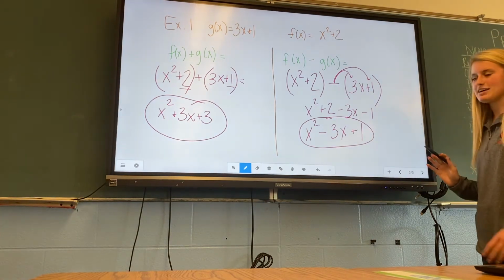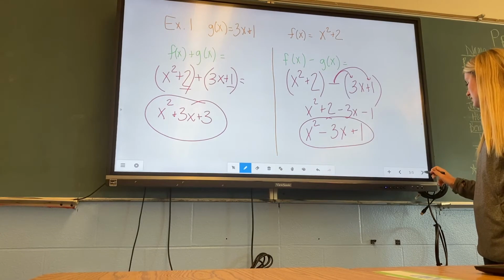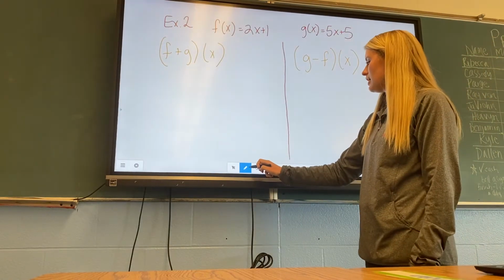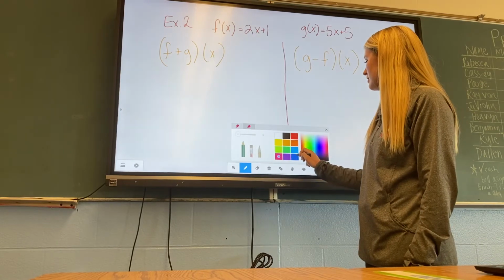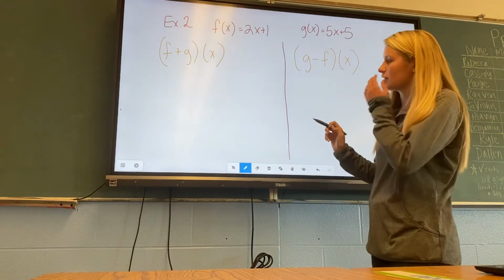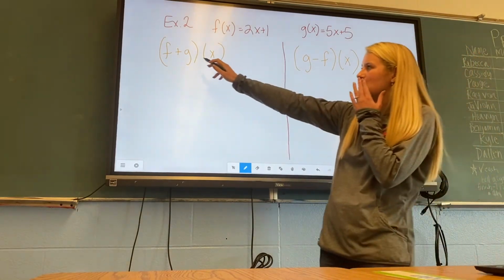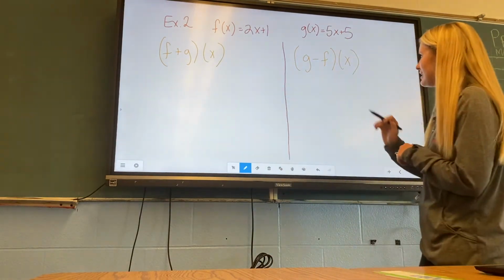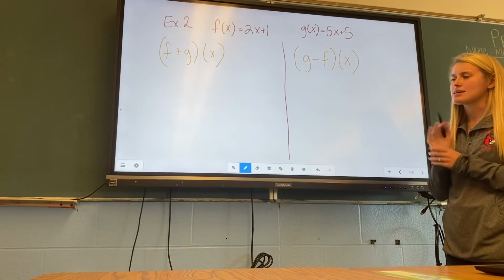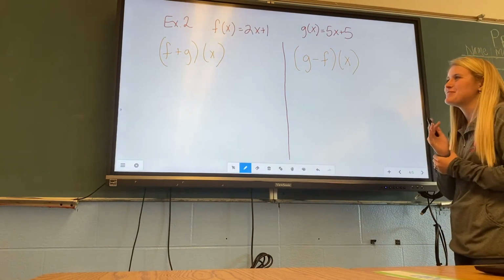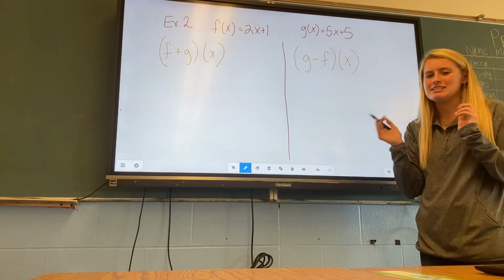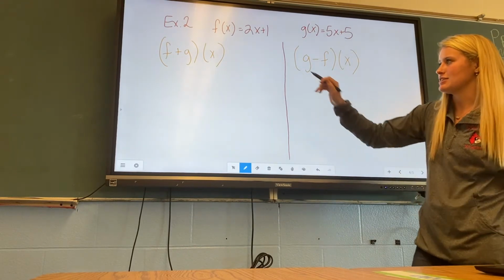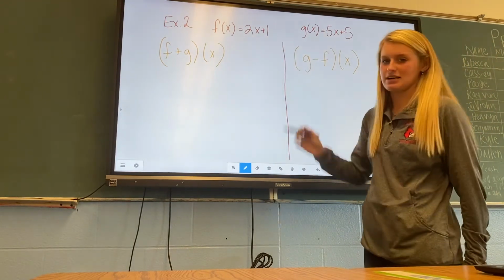Okay. The next one is going to be super similar to this. It's just going to look a little bit different. So now we have this funky notation where the f plus g is in parentheses itself and the x is outside. It's kind of scary looking, to be honest, but it's no different from what we just did before. You're literally still just adding f and g together.